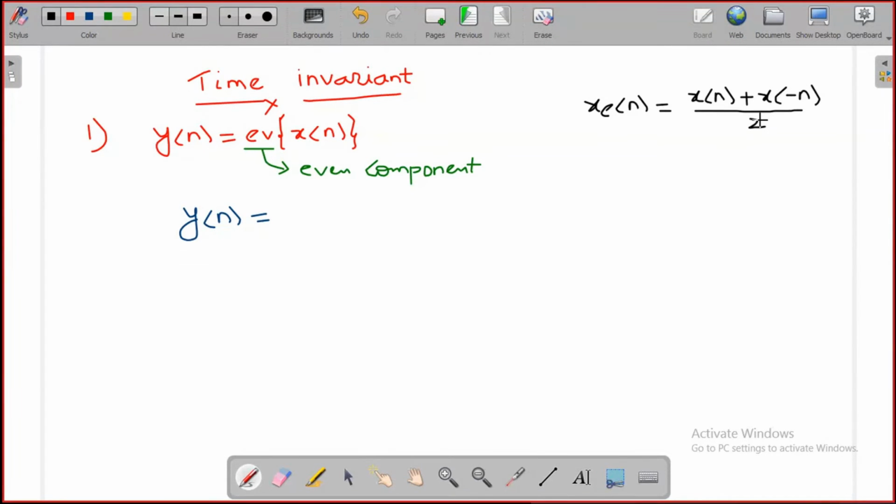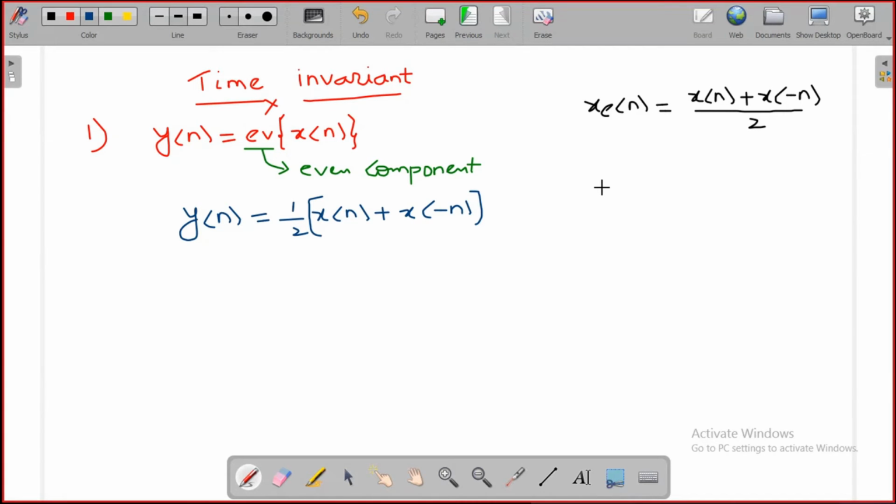This is the even component. So here the given system is y of n equal to 1 by 2 into x of n plus x of minus n. This is your given system.